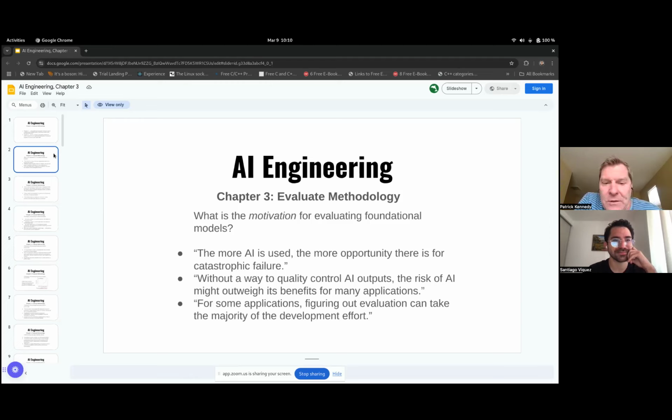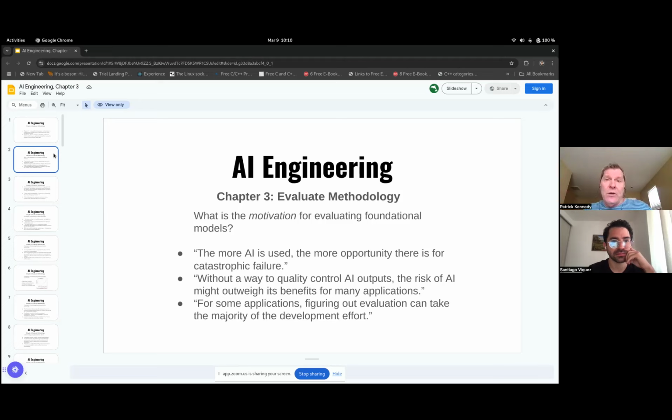So evaluation is key, but it's very difficult with certain machine learning models that are more open-ended. It's more challenging to evaluate. Otherwise, the risk would outweigh the benefits if we can't make it safe and reliable.